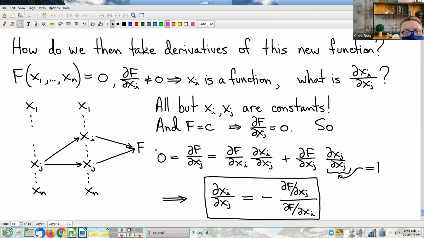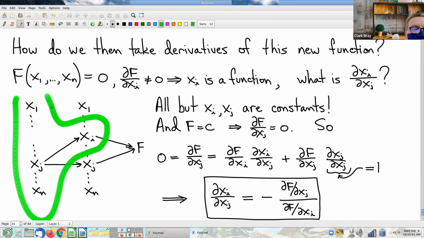Okay. So here's a next observation I should make. Again, looking at these variables as being xi as a function of the others, and since we are taking a partial with respect to xj, let's keep in mind what partial derivative means.